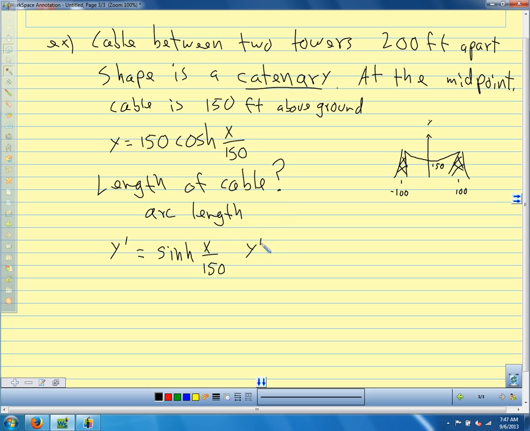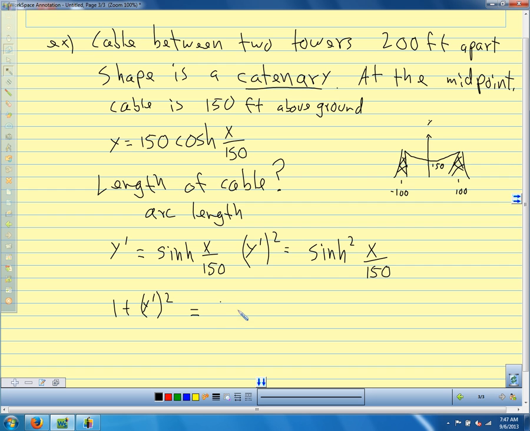Y prime squared, which we need for our arc length, is sinh squared of x over 150. And we need 1 plus y prime squared in our radical for our arc length.